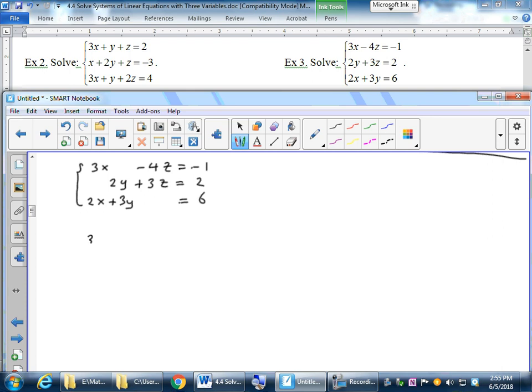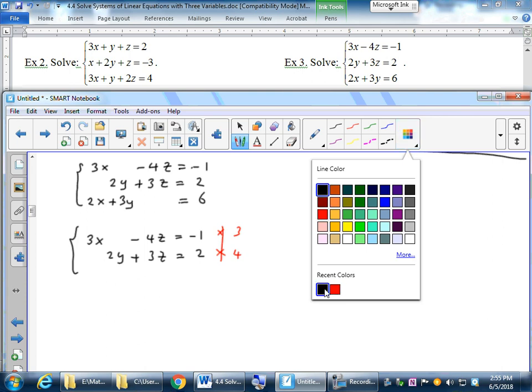Okay, so 3x minus 4z equal to -1, and 2y plus 3z equal to 2. And we will eliminate z, so I'm going to multiply the first equation by 3 and the second equation by 4.